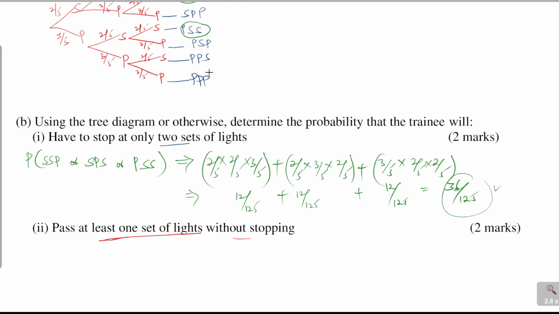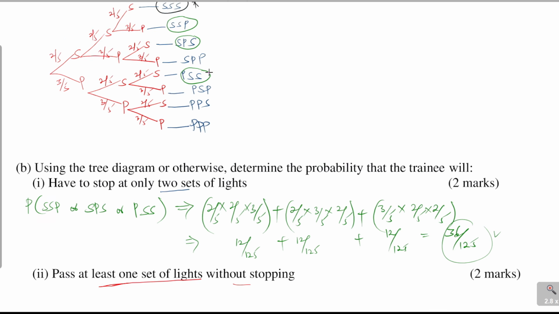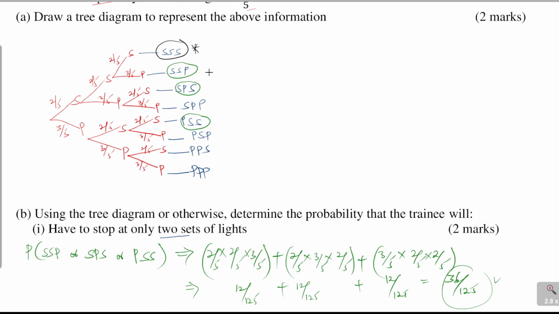So it is anywhere you have 1 P or 2 P's or 3 P's. And the only instance where we don't have a single P is the first one, where this person will stop at the 3 traffic lights.